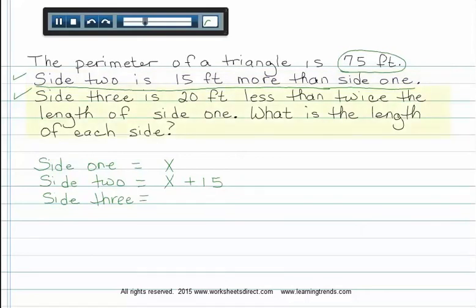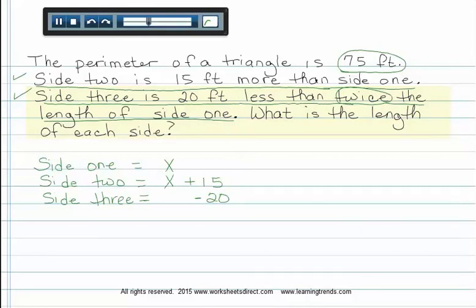Side 3 is a little trickier. Side 3 says it is 20 feet less than twice the length of side 1. So again, we're going to start by comparing it to side 1, and it is 20 feet less, so we know that that is minus 20 feet less than twice the length of side 1.